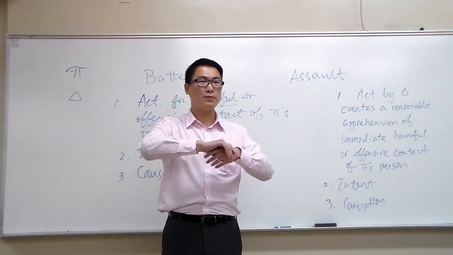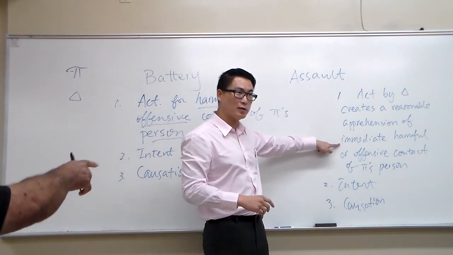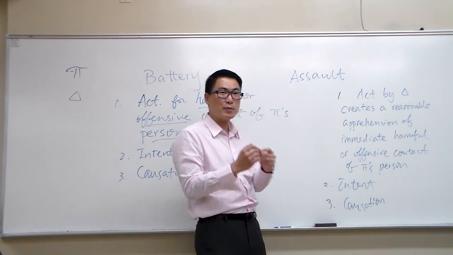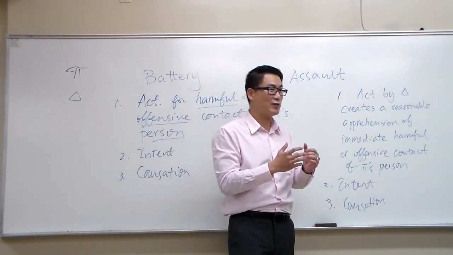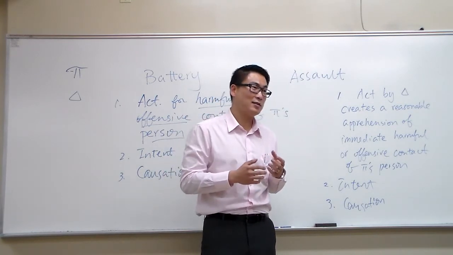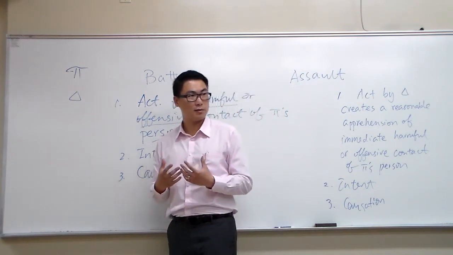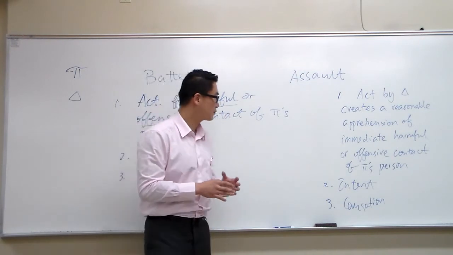Because threats of future contact are insufficient, what you wrote. What's the word here? Immediate. It has to be, it's gonna happen right away. It's not like 3 hours later after she gets a few drinks and comes back to the class. So this is not an immediate threat. So you cannot sue her for the assault. Okay.